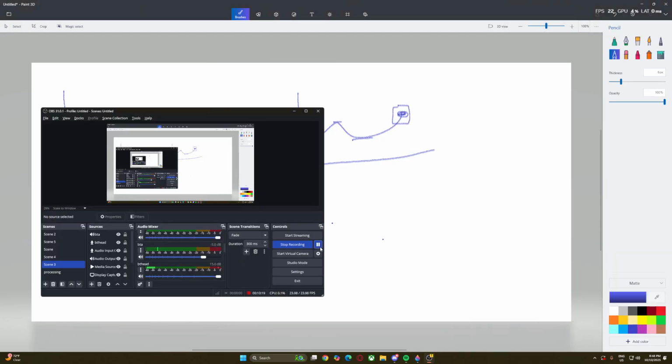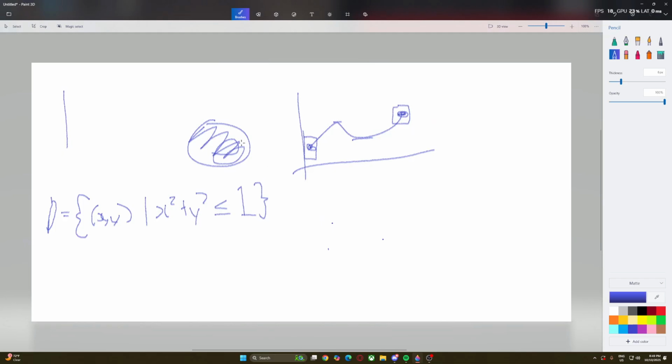Hold on. Alright, so what do you do with domains that are square-like, rectangular, circular, something, an equation that is closed?